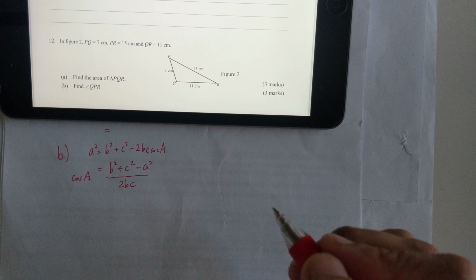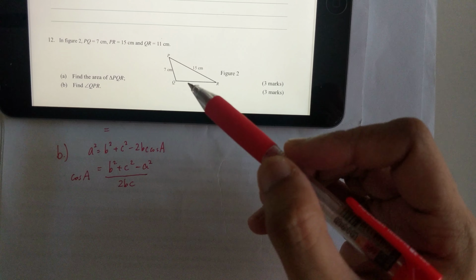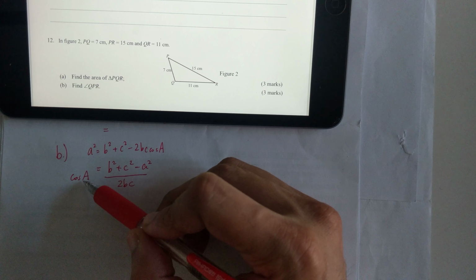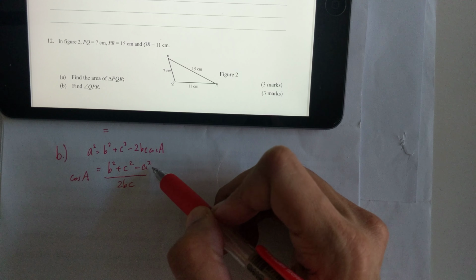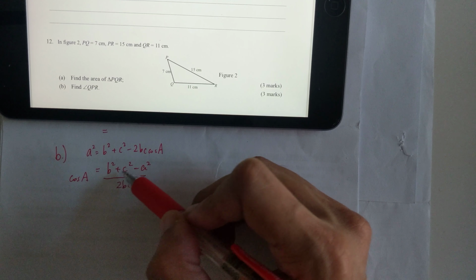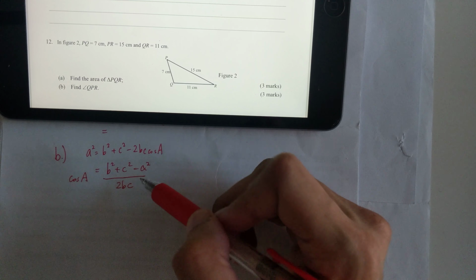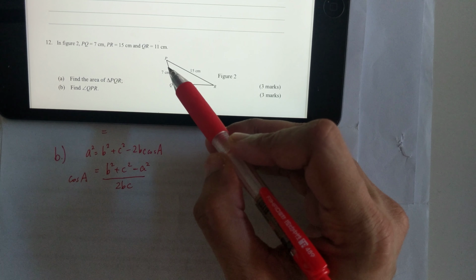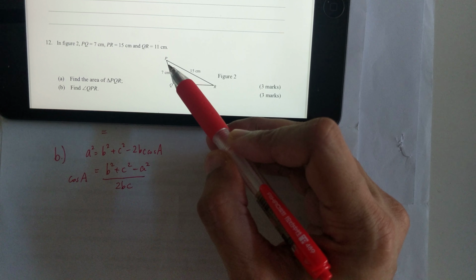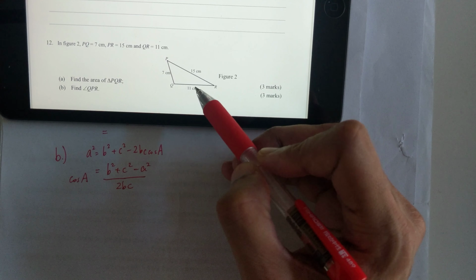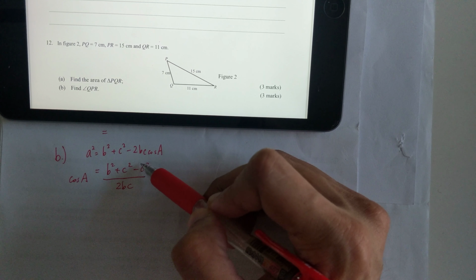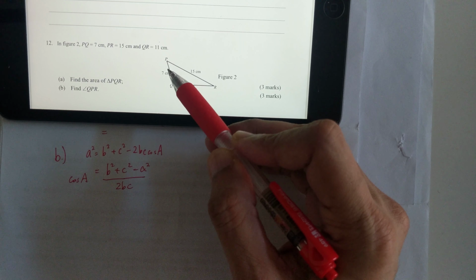For this question, I can remind you that angle A only corresponds to the side a in the equation from the last step. So if I'm finding this angle, the opposite side of this angle is this 11. So in here it should be 11 because we are finding this angle.